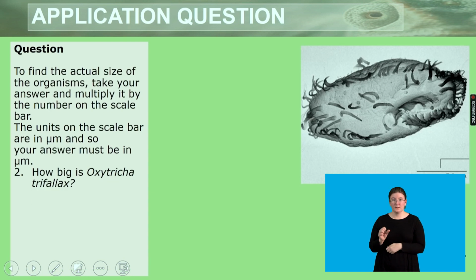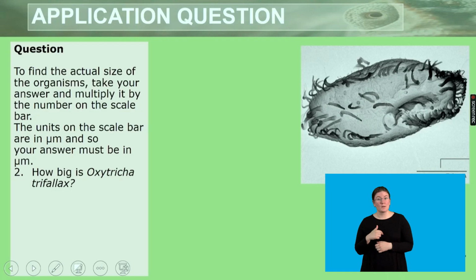For the next question, we are trying to find the actual size of the organism. To find the actual size of the organism, you are supposed to take your answer and multiply it by the number on the scale bar, meaning this number that appears in micrometers.